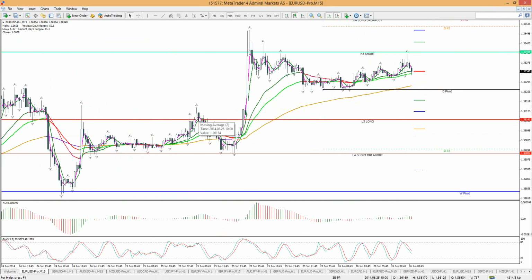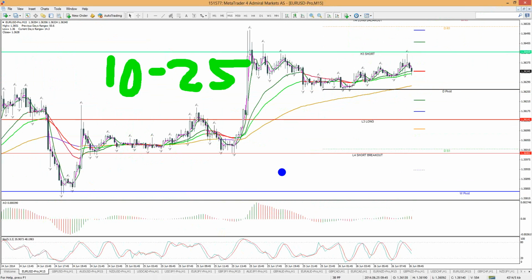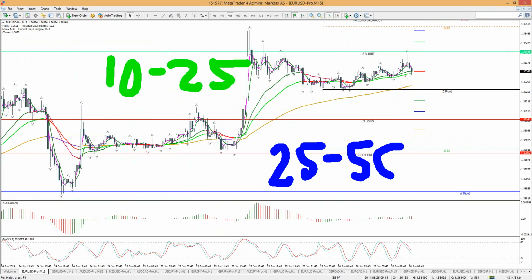combined with, so once again, I'll write it down here, combined with a higher one that was anywhere between 25 and 50, roughly speaking.